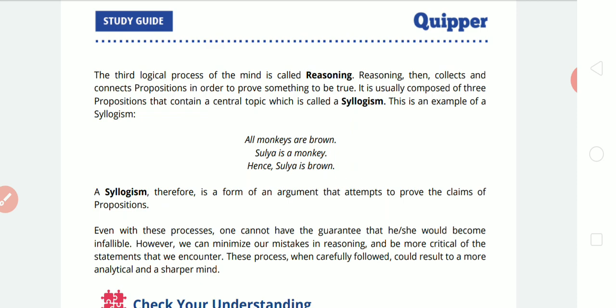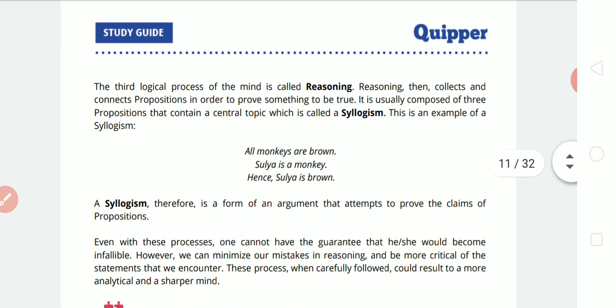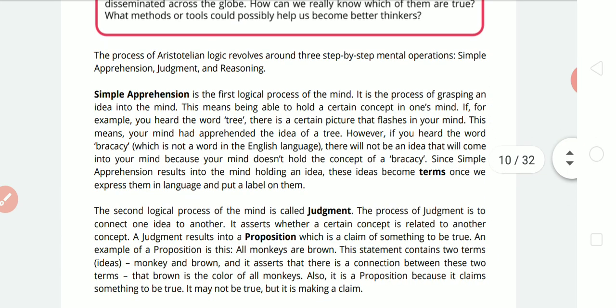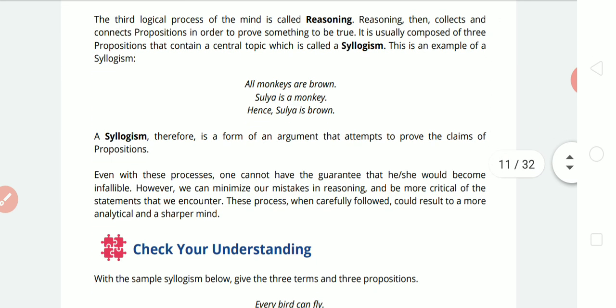Critical thinking allows us to weigh evidence and evaluate the truthfulness of a certain statement or idea. When these processes are carefully followed, and we develop these three mental processes proposed by Aristotelian logic, along with critical thinking, it will always result in a more analytical and sharper mind.